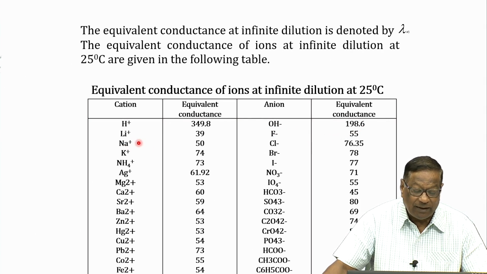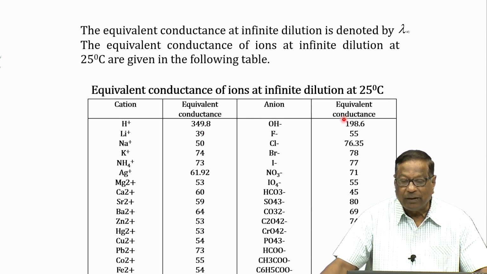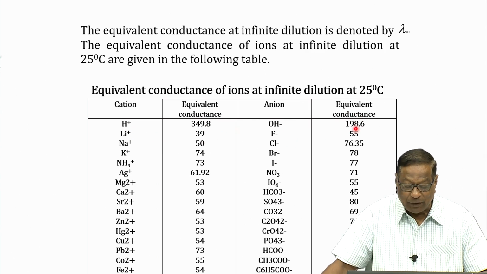Okay. Then lithium is 39, fluoride is 55, sodium is 50, chloride is 76.35. The first column is cation, then equivalent conductance, then anion, then we have the equivalent conductance for anions.